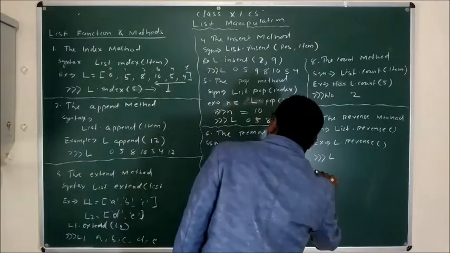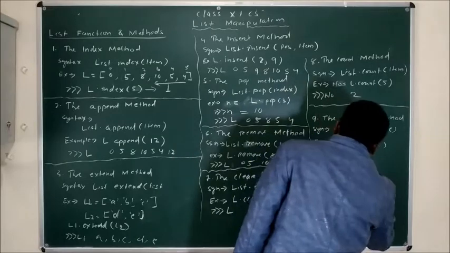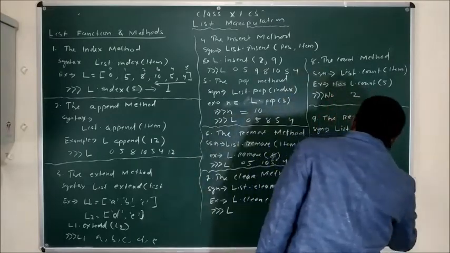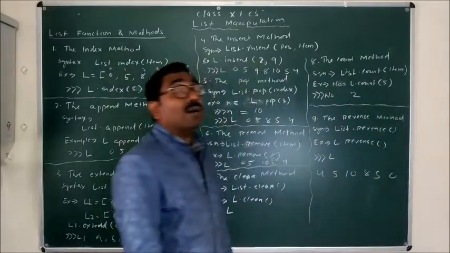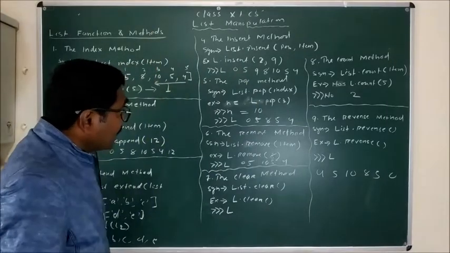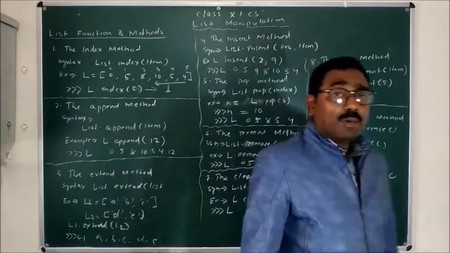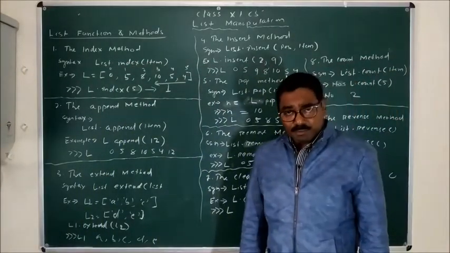That means the output will be 4, 5, 10, 8, 5 and 0. So these are the methods, or functions, that can be used in programming of lists.